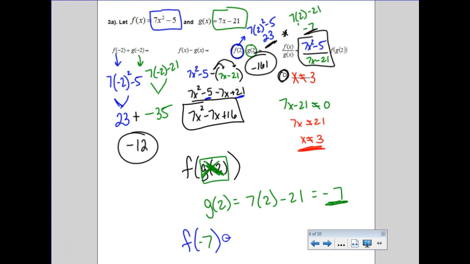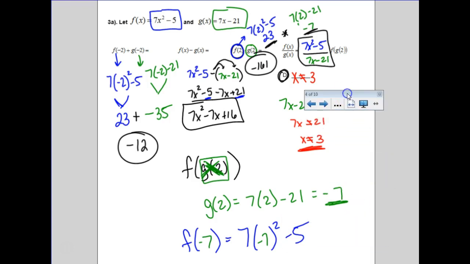So go back to function f this time, and you're going to plug in a negative 7. And I definitely need a calculator, guys, because I have no idea what that is. Not that I didn't trust you, but 338, thank you.